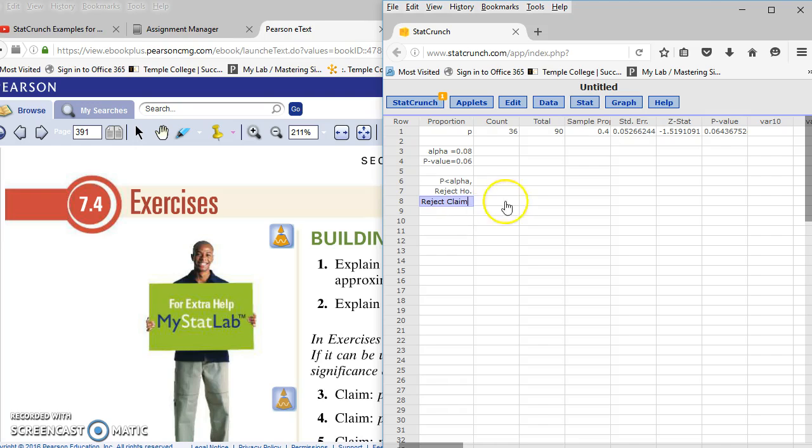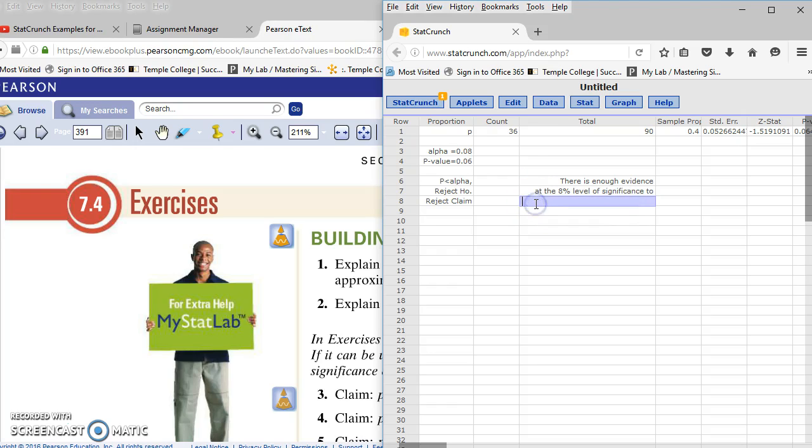So there is enough evidence at the 8% level of significance, because that's what we had for alpha, to reject the claim. And we knew that because we compared our p-value of 0.06 to the alpha value of 0.08.